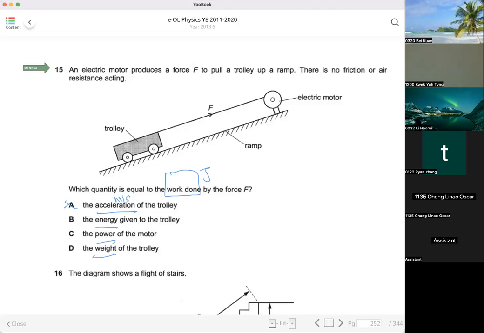Huai Xing, well done. Yu Ting, well done. Hao Rui, Oscar, well done. Ryan, your second answer is correct. And Bei Kuan, which of these three quantities is the same as work done?